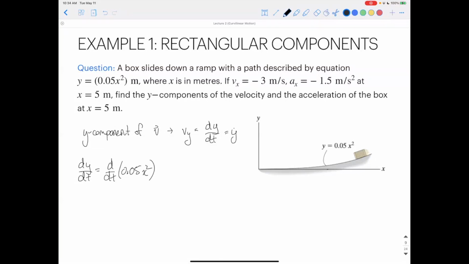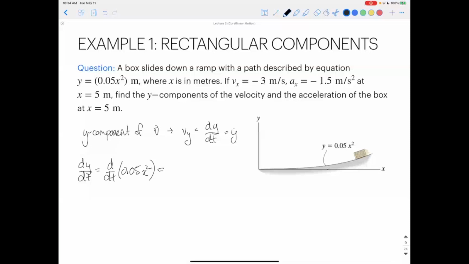How do we take the derivative of a function that's not really a function of time? Would you just take the derivative of the first term and then multiply it by the x dot? Yes, exactly. Very good.